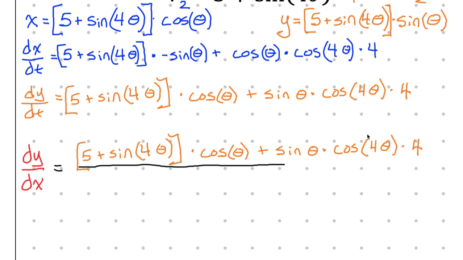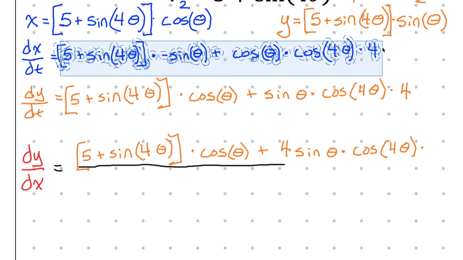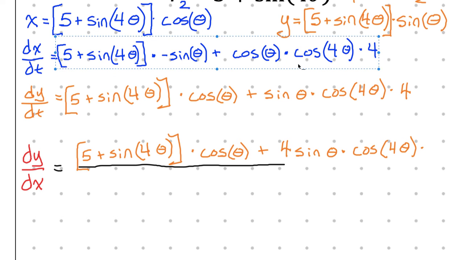I can probably put the 4 out front. I can bring that 4 right there. Let me move this stuff over. Move that 4 right there. And do the same thing with the blue. Grab all of that. Copy paste.